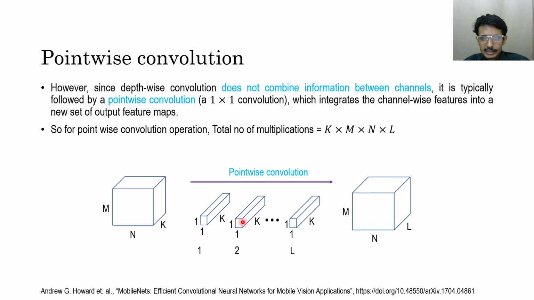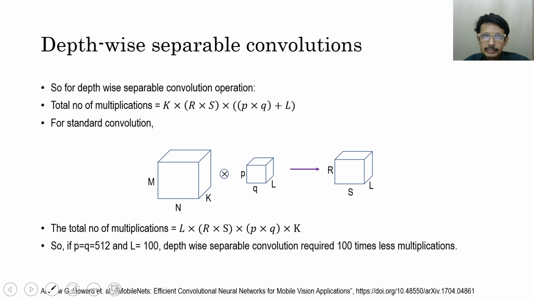L is the output feature. So for the pointwise convolution, the total number of multiplications is K into M into N into L, because these two things are the same. So this is the pointwise convolution.